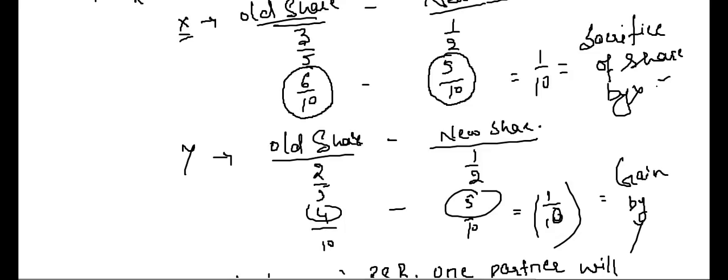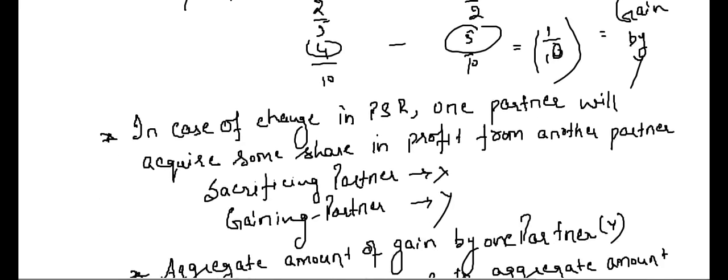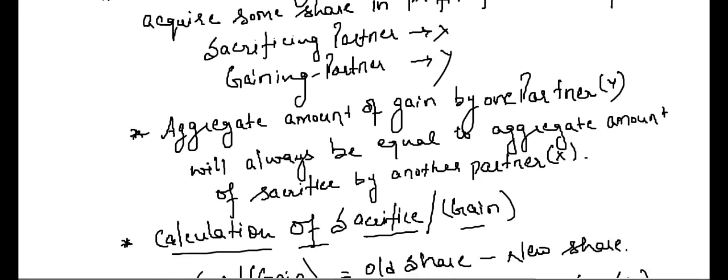That means old share was more, new share is less. Earlier he was getting more share in the profits, now he will be getting less share in the profits, right? If it is negative, that means the new share is more than the old share and it is a gain for a partner, right? So one partner will acquire some share in the profit from another partner. So one partner is the sacrificing partner, another one is the gaining partner.